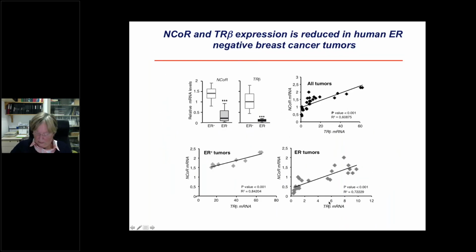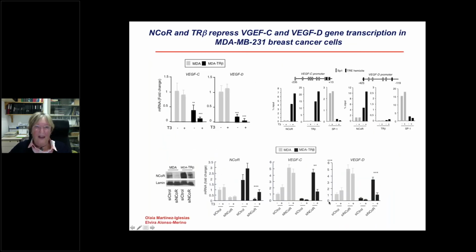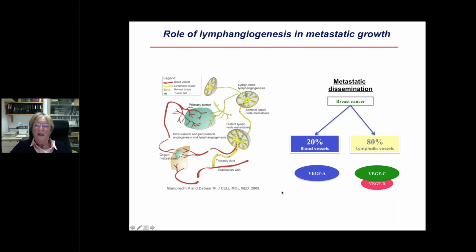But as you know, I'm sorry, dissemination and metastasis formation in some types of tumors, and particularly in breast cancer, occurs mainly not through the blood vessels, but through the lymphatic vessels. The tumors contain lymph vessels that will transport the tumor cells to the sentinel lymph node, producing metastasis of the sentinel node, and from there they will go to distant places.